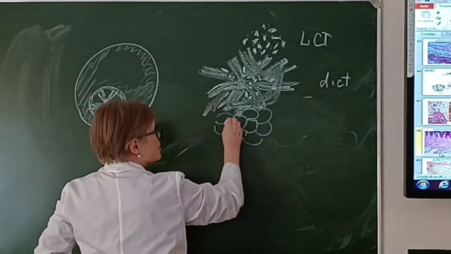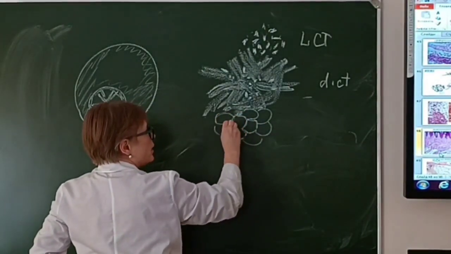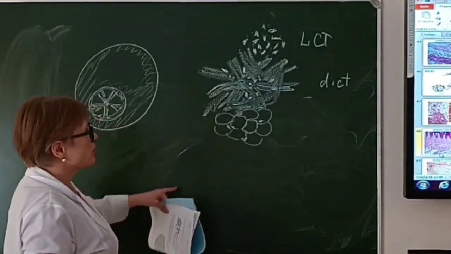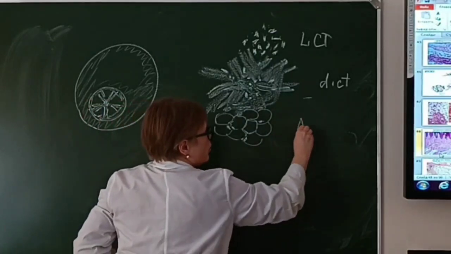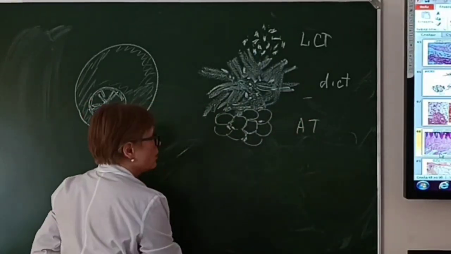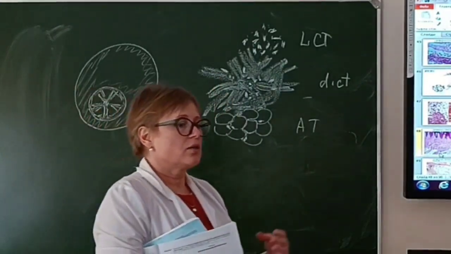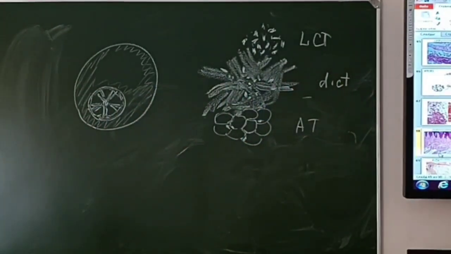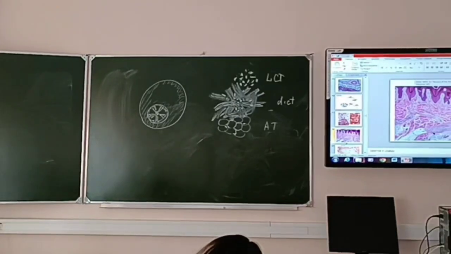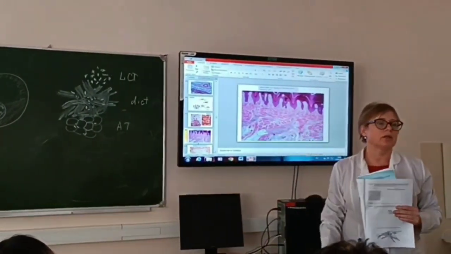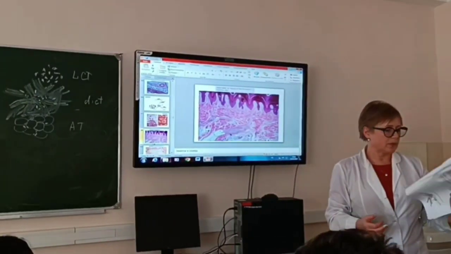Polygonal shaped cells, and from time to time we can see nuclei situated peripherally, unstained. So this is adipose tissue. If you know the structure of tissue, you can draw it easily.